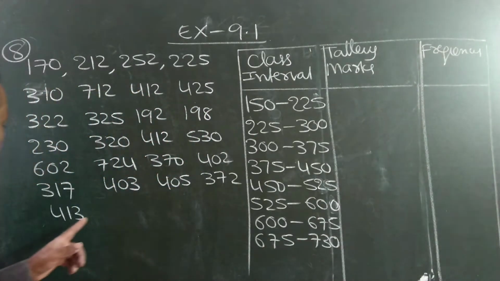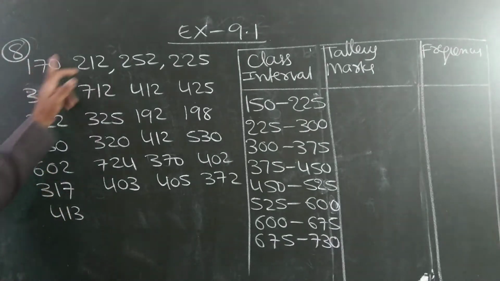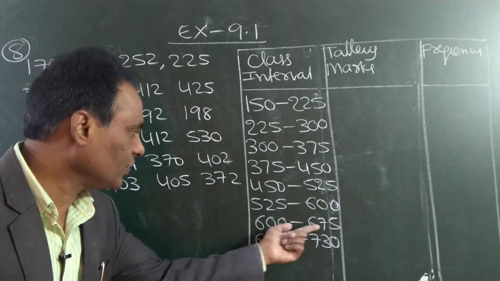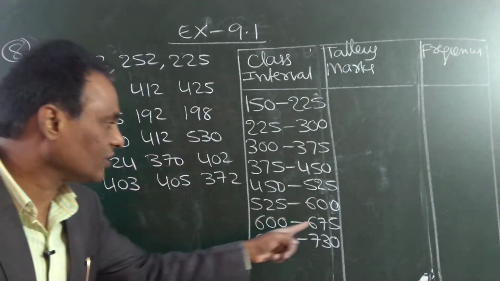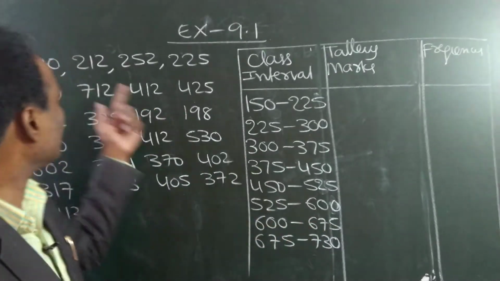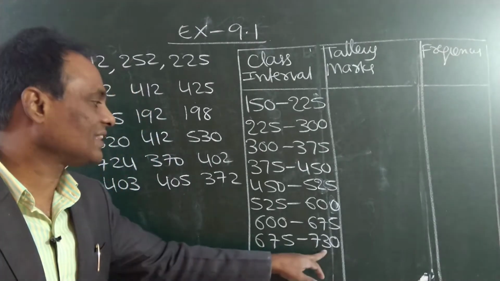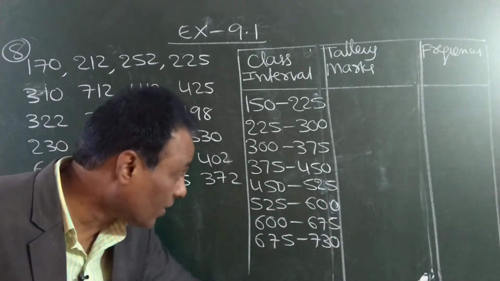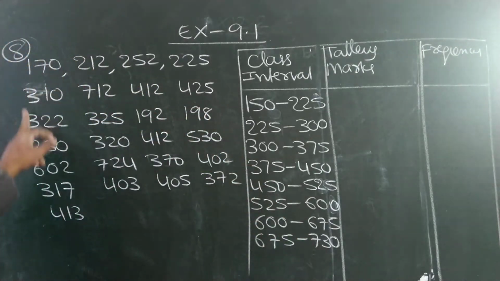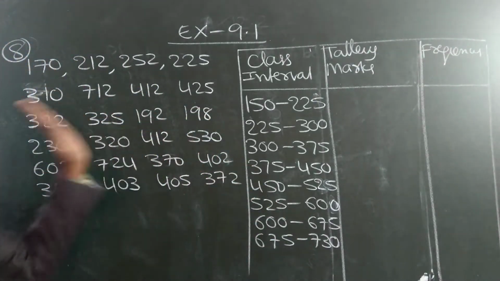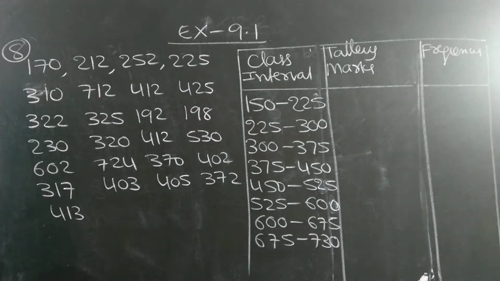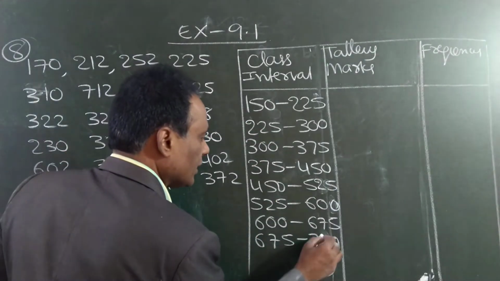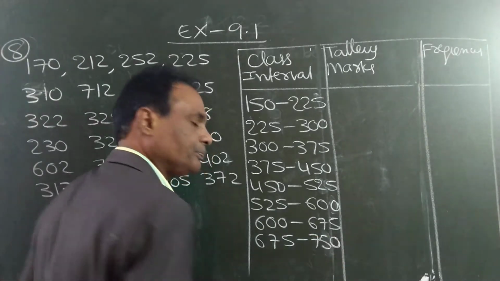Up to what number should we take? What is the highest number? 712. Will 712 come in the 675 range? No, it will not come. So 712 means take one more, 750, in which 712 will come. Is there any other number beyond 750? No. So up to here you stop. Start from 150 and stop at 750.